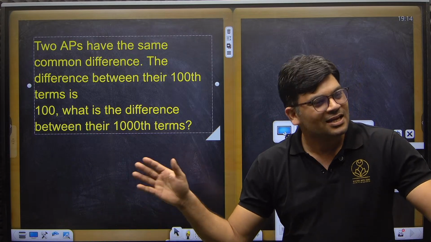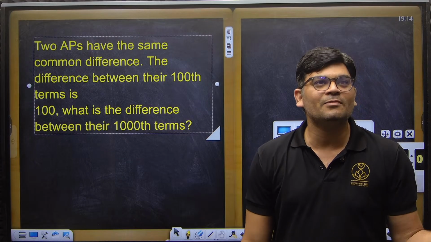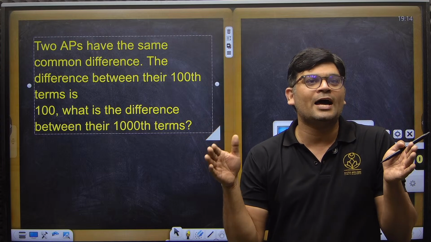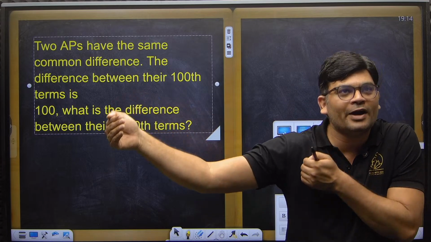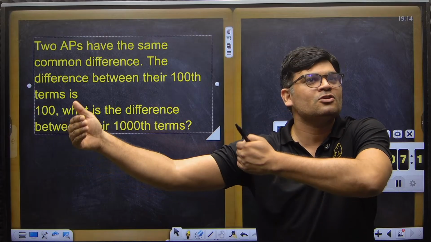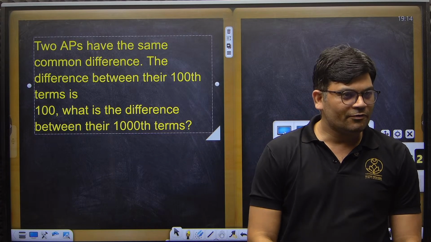The answer is 100 only. Understood? The difference between their second term is also 100. The difference between their third term is also 100. You can think of two cars which are initially at a distance of 100 meters going at the same speed. Always they will have the same difference of 100 only. Understood? Is that clear to everyone?